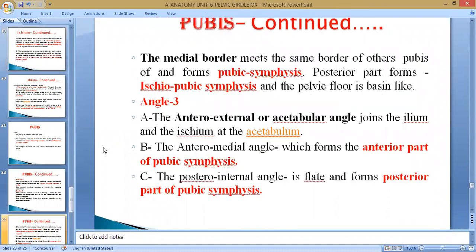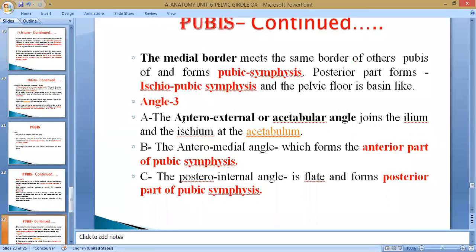Next is the medial border. We have already seen that both sides of the medial border come in contact with each other and form a symphysis known as the pubic symphysis, and we completed these four borders. Now the angles: antero-internal, antero-external, posterior internal, and posterior external.